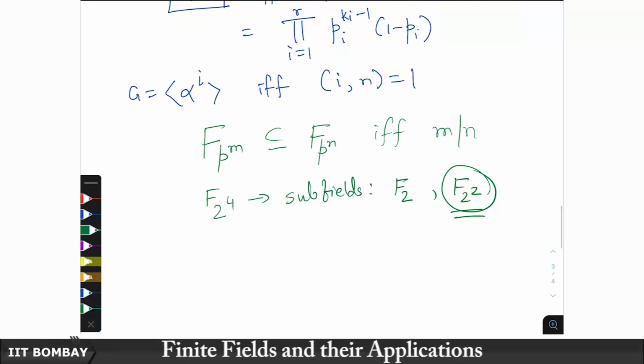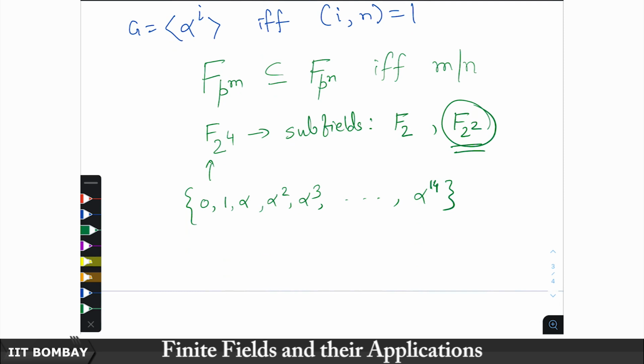In F2 power 4, you can write the elements as 0, 1, alpha, alpha square, alpha cube up to alpha power 14. Alpha power 15 is same as 1. So, these are the non-zero elements, this is the multiplicative group, and then there is a 0 element.